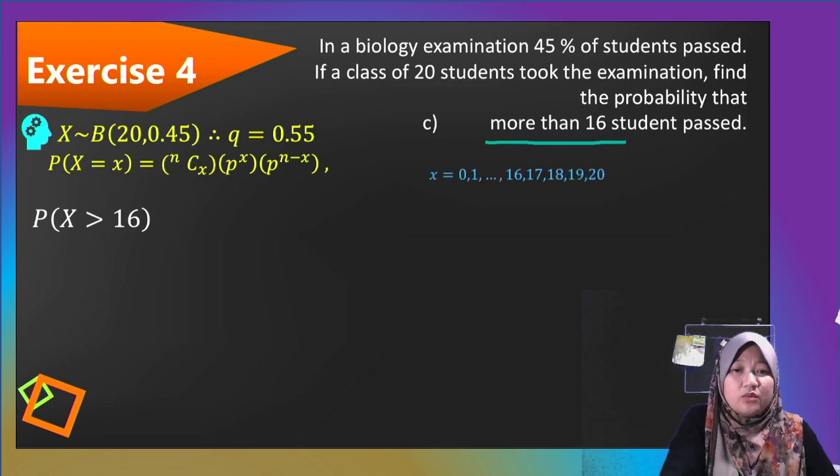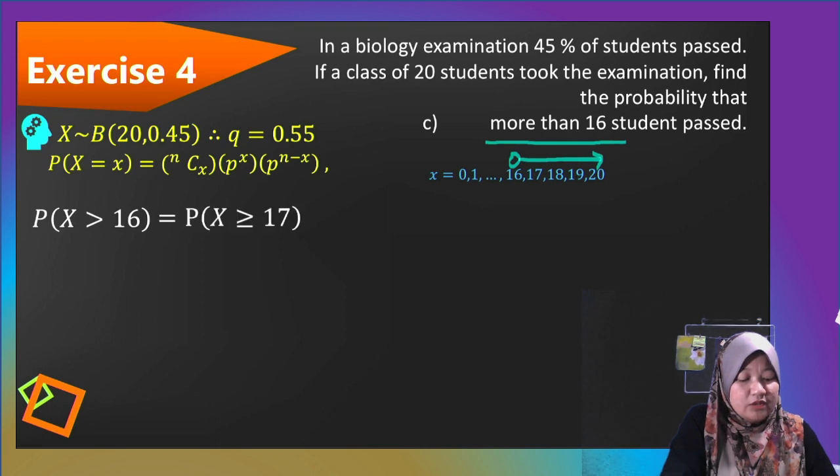So kita tahu this one is discrete. So x 0, 1, 2, 3 until 20. So greater than 16. Okay, greater than 16.